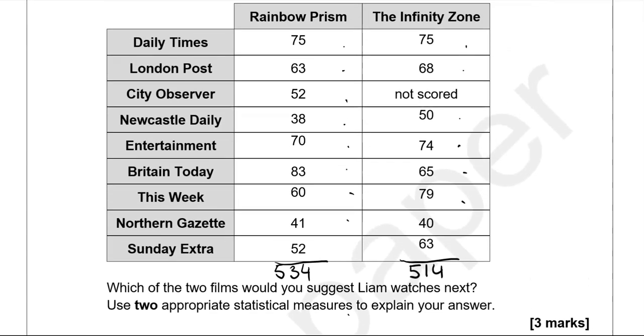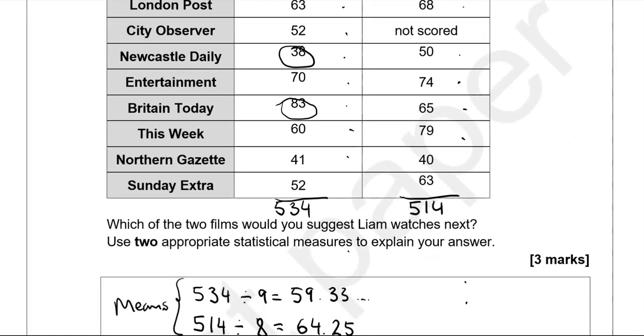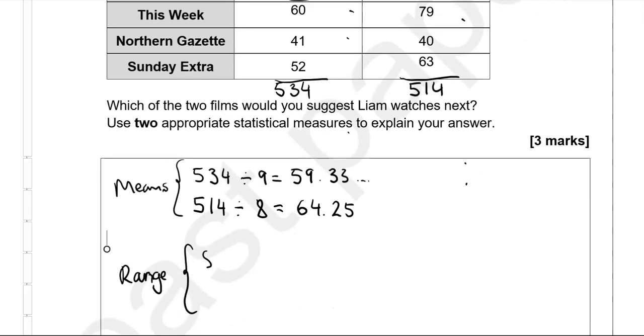So for the first one, what's the highest value? That is 83, and the lowest is 38. So 83 take away 38. So that gives us 45.